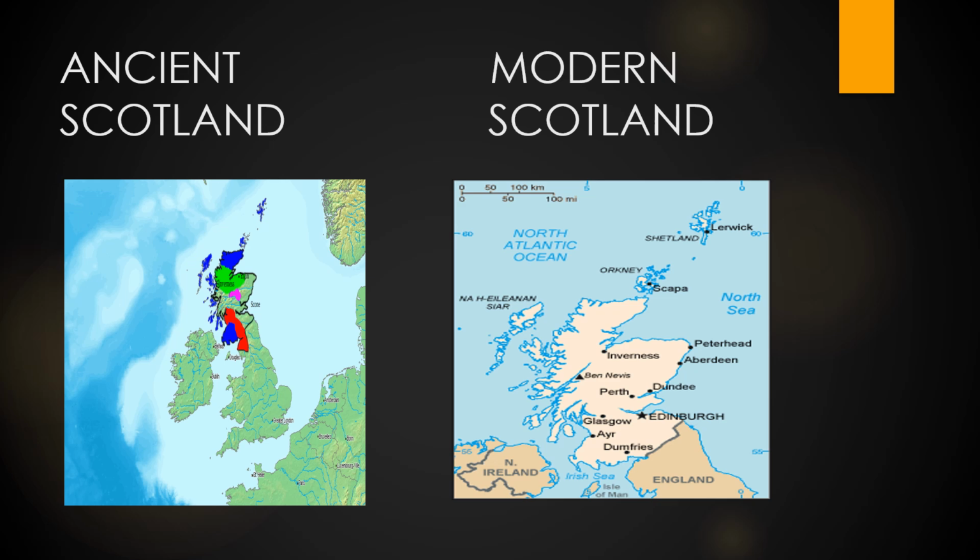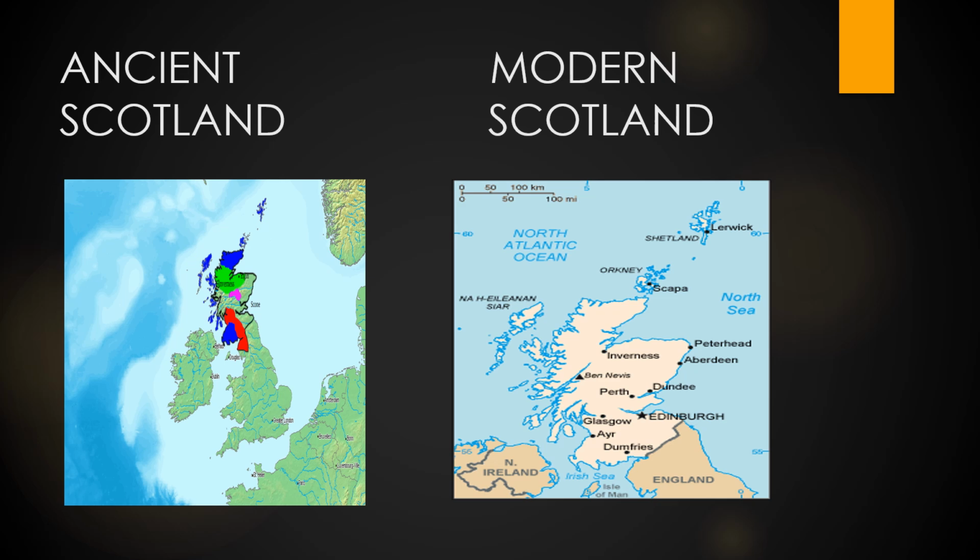Yes, because as you know, the earth is never stationary, and probably they have shifted a little bit, or maybe the pictorial representations are just that, pictorial representations. I have taken whatever was available because I basically wanted to give you an idea. It may not be the exact map of ancient Scotland. Modern Scotland is, I think, more or less exact.